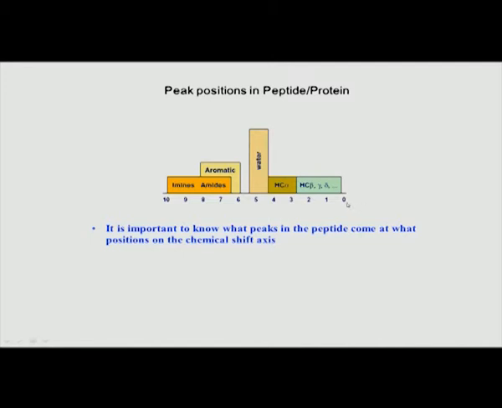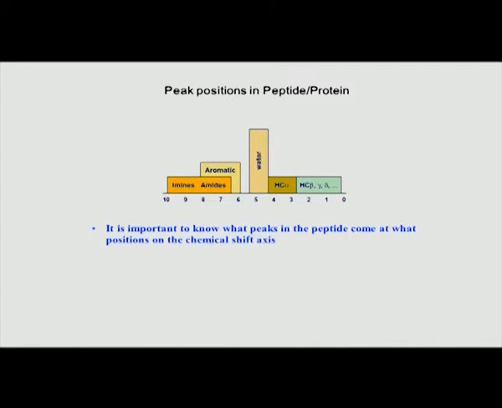So, let us start from this end, the 0 ppm. Here comes the methyl, if you recollect, methyl peaks come here, and the aliphatic portion, the gamma, beta, delta hydrogen and carbon atoms. So, hydrogen atoms come in this position for every peptide. One thing you should keep in mind is that this whole picture shown here is conserved, meaning it is the same for every peptide.